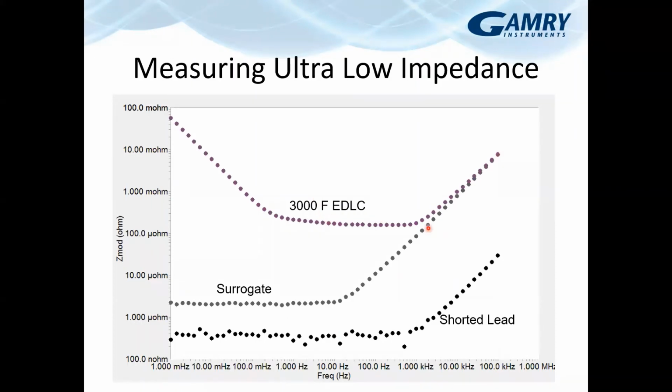So what that means is that all of this inductance that we're seeing, even though it's a lot more than the shorted lead, is due to the configuration. The inductance here is almost entirely the setup and not the capacitor itself.